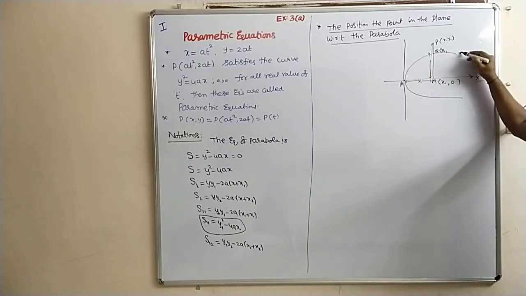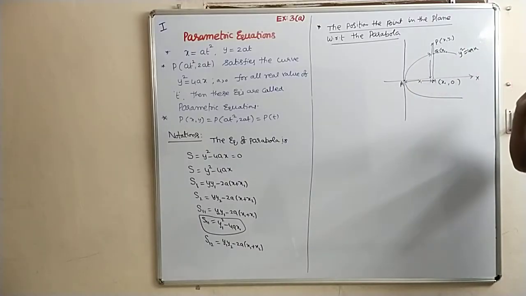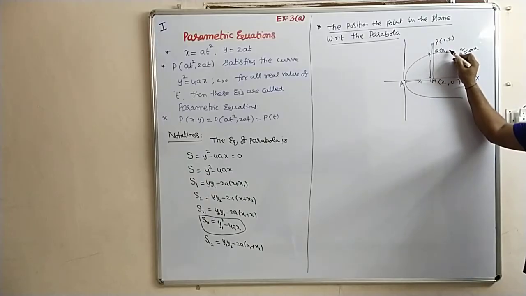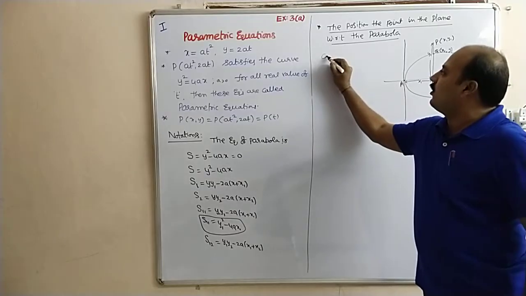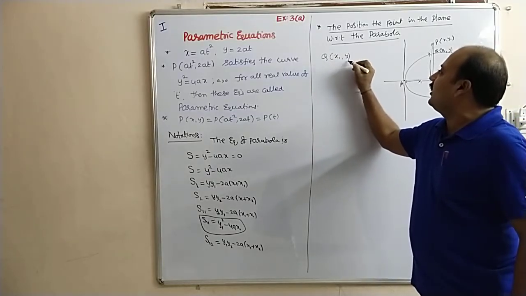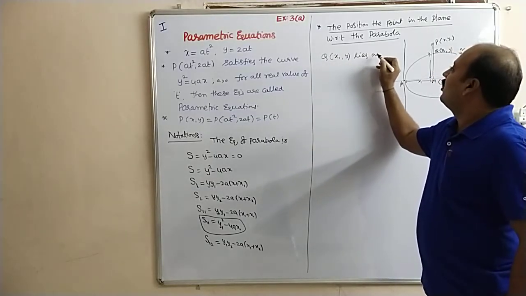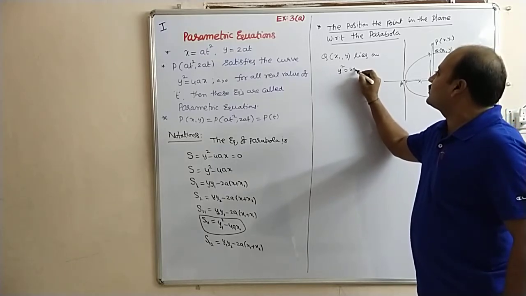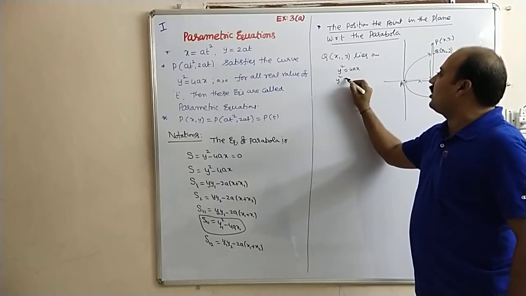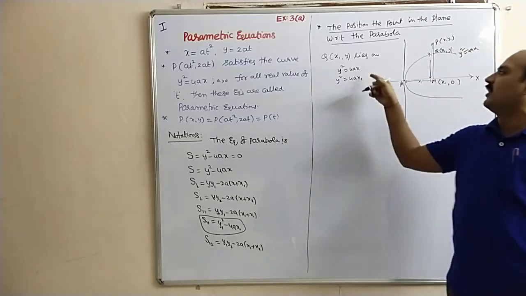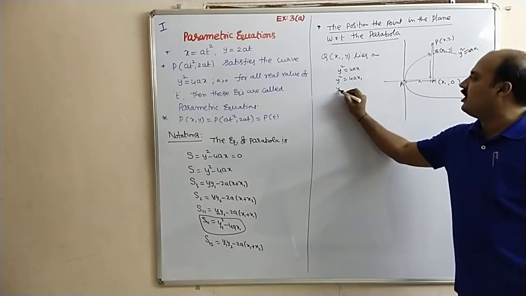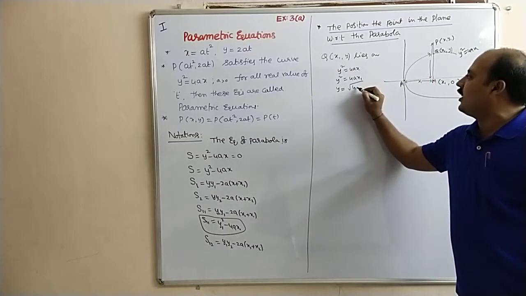But we don't know the coordinates of Q. This is the parabola curve y square equal to 4ax. I don't know the y coordinate of Q, so I am assuming it to be y. Q of x1 comma y lies on y square equal to 4ax. We get y square equal to 4a into x1. I want the y value, so y is equal to root of 4a x1.